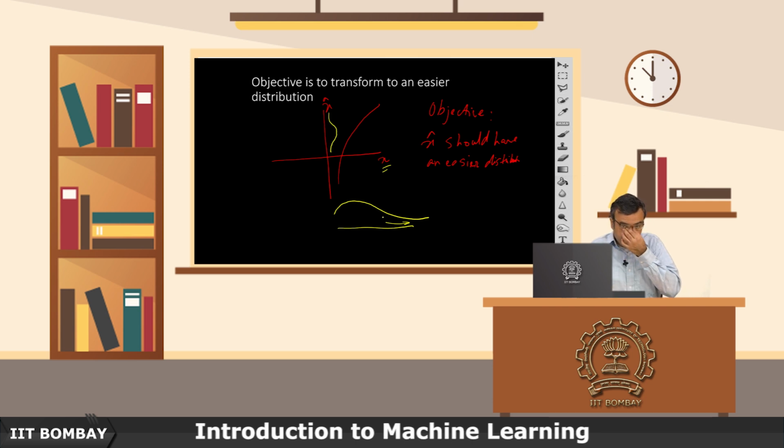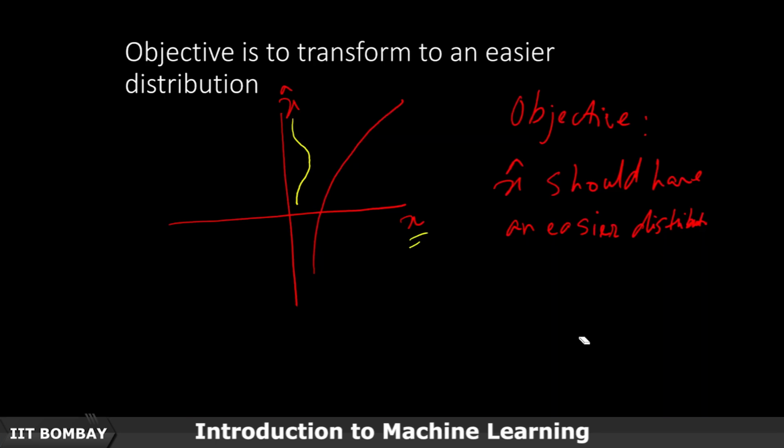So in general, the way to think about the transformation of distributions is the following. Let us say we have a function f of x, so x hat is equal to f of x, and we have some distribution p of x. Let us first define an inverse.